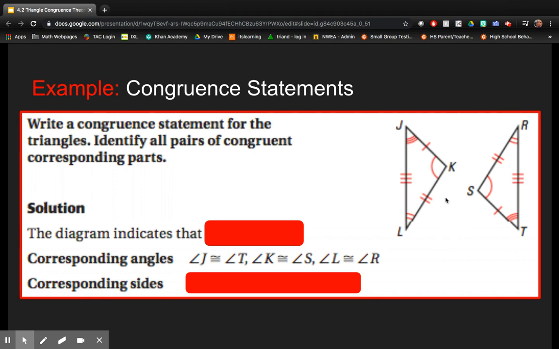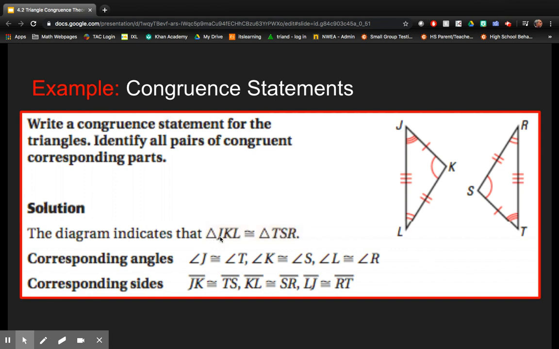Using the markings to help me write the corresponding angles. Corresponding sides would be JK, 3 markings to 1, congruent to TS, 3 markings to 1, and so on and so forth. If we want to write a congruent statement stating that the two triangles are congruent to each other, then I just need to make sure that I stay in the same order.